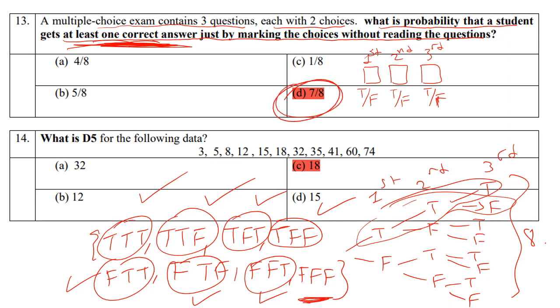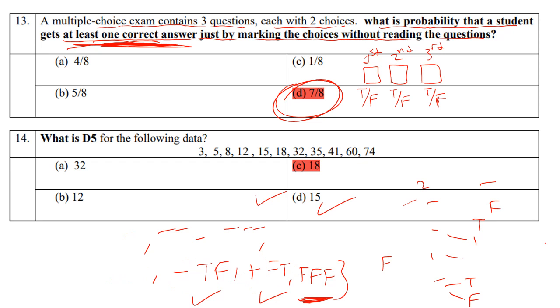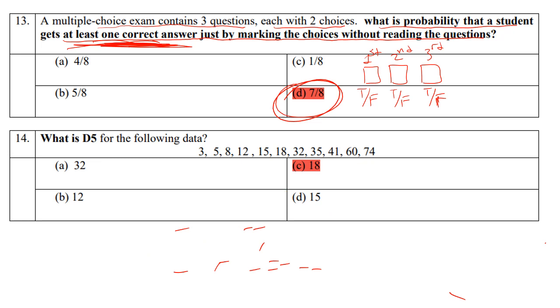Now, this is one way to do it, or the shortcut here is this. The probability that at least one is true is equal to 1 minus, okay, what's the opposite of at least one true?